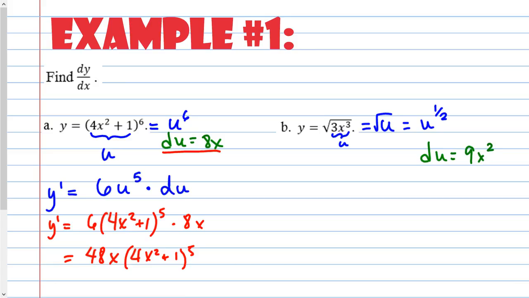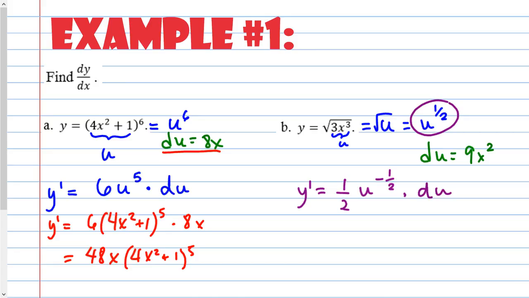So now when I derive this, y prime equals, I need the derivative of the outer function. So this is my outer function: 1/2 u to the negative 1/2 power, because I had to subtract 1 whole from 1/2. And then times du.